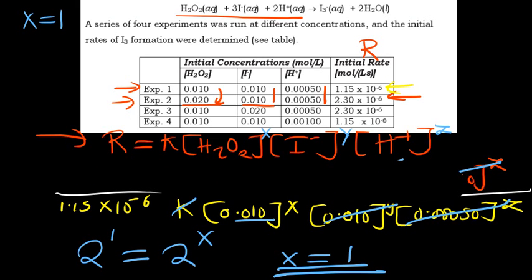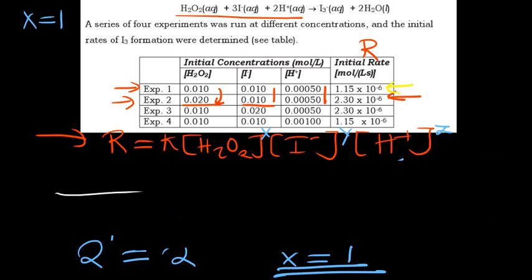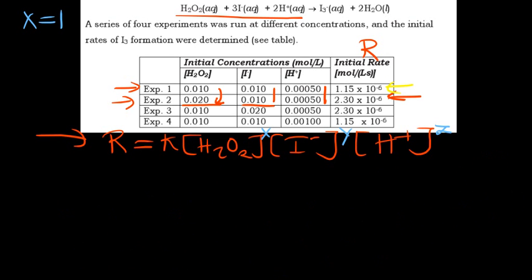Now at this point, if we are lucky, we can find another case where either iodide or hydrogen is also changing, and then the other two may be constant. So I want you to pay particular attention and try to observe where the other two are constant, if there is that case anyway.